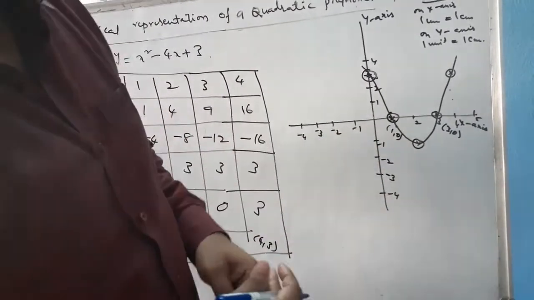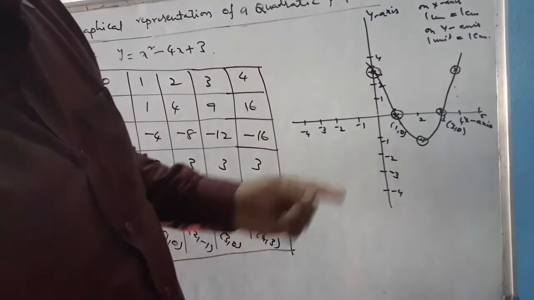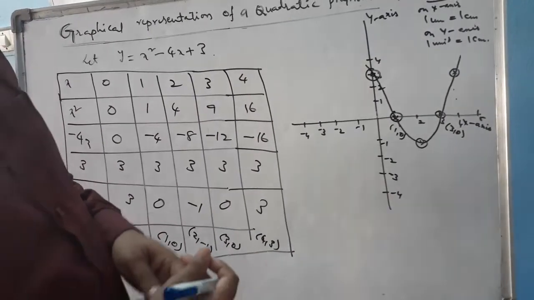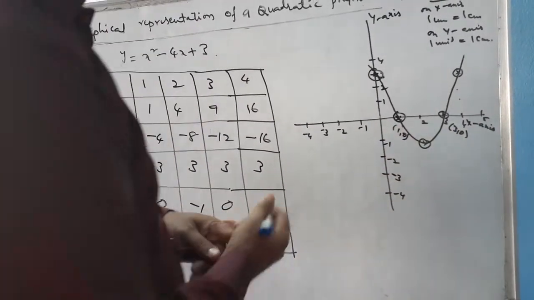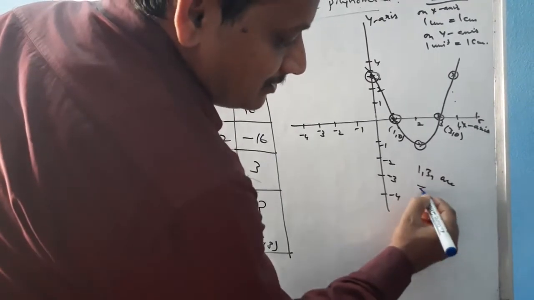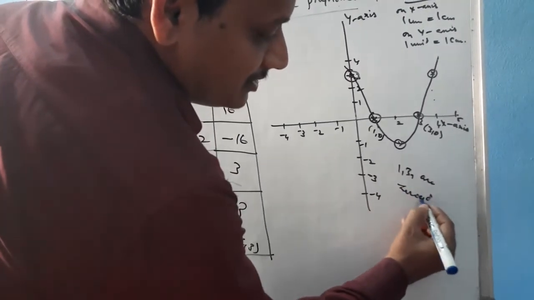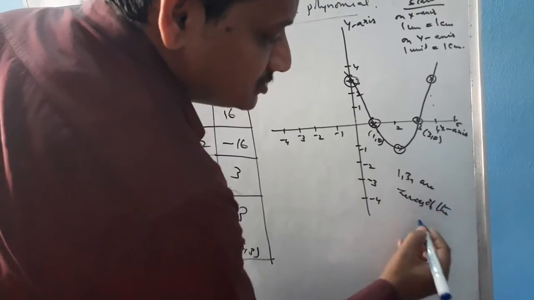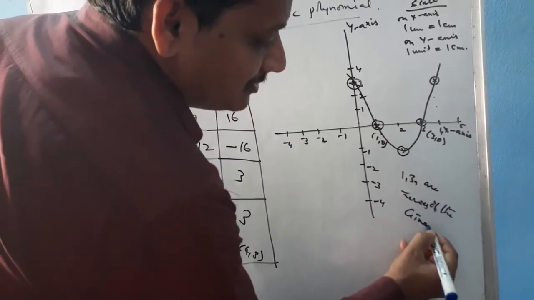The x coordinates of these two points, 1 and 3, are known as the zeros of the given polynomial.